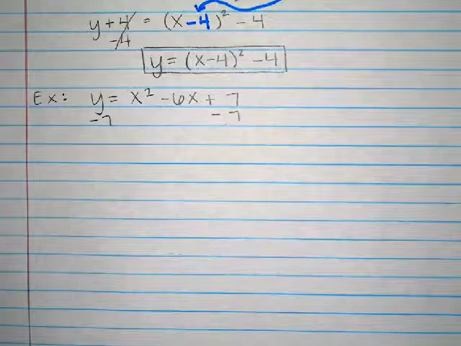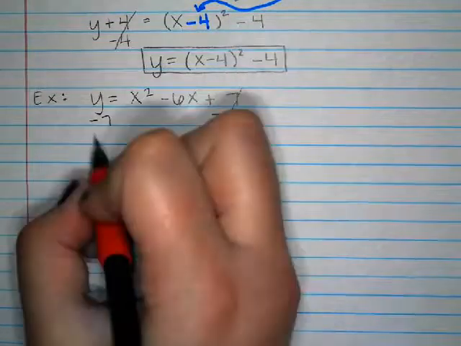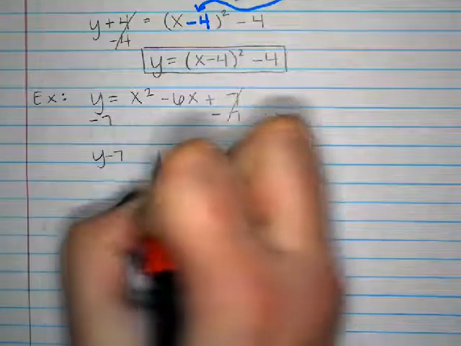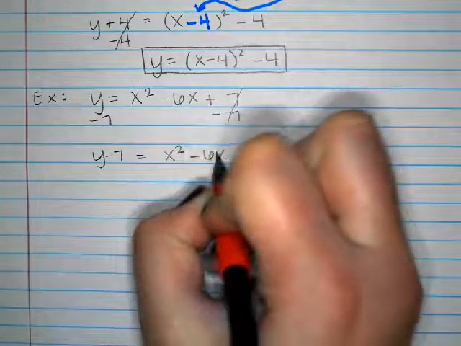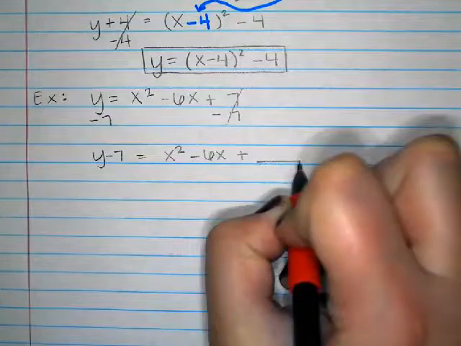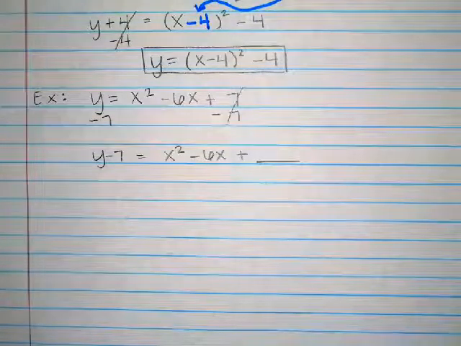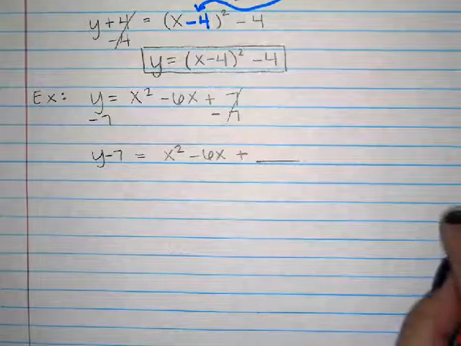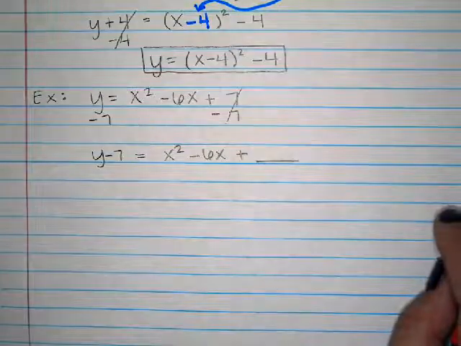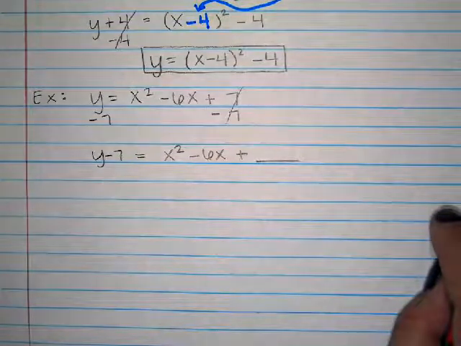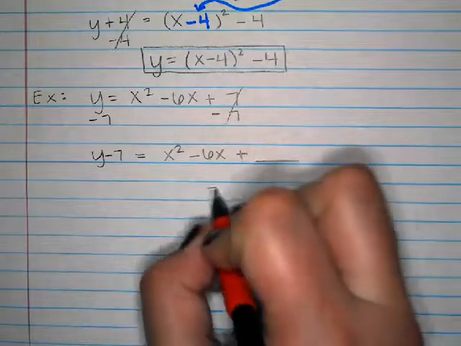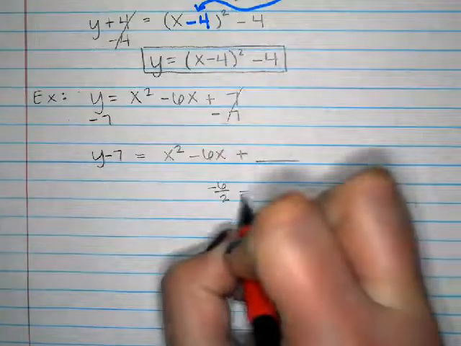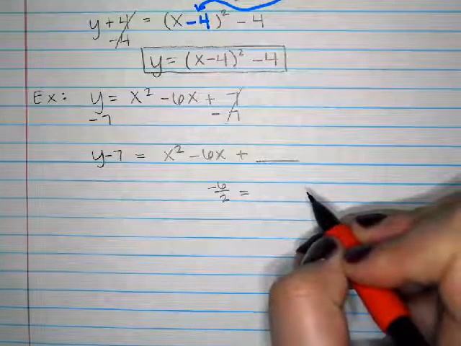So we have y minus 7 equals x squared minus 6x plus blank. And then what do we do? Divide. Okay, so negative 6 divided by 2 is negative 3.